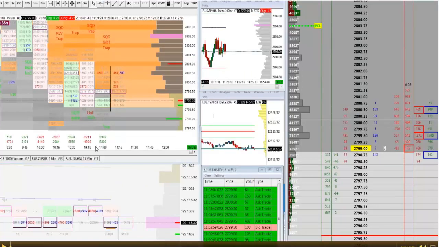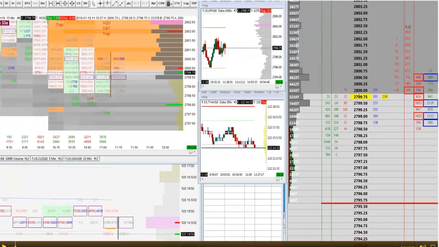So I'm looking at how everything is coming in after we're flirting with the value area low, the trap of the value area low. Doesn't look like it's going to go full screen for me, but I can still see it. It's no problem. So that's what we're doing.